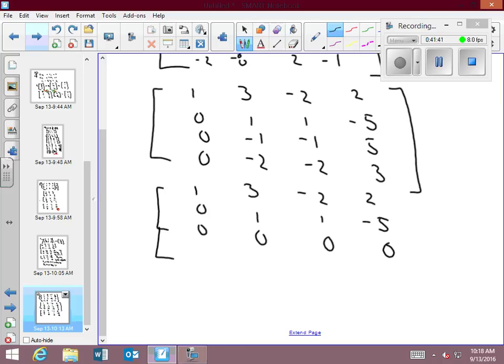vector 2. We're going to get a pivot in the middle.